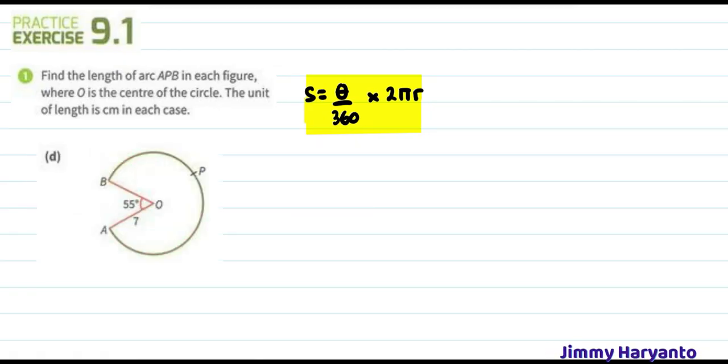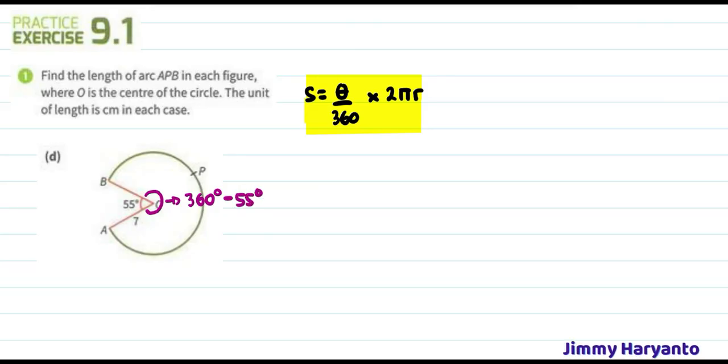Next is question 1D, still APB, but this time the APB will be this one, the major arc length. So we cannot use the angle of 55, but instead we will use this. To find this angle, just subtract 55 from 360.